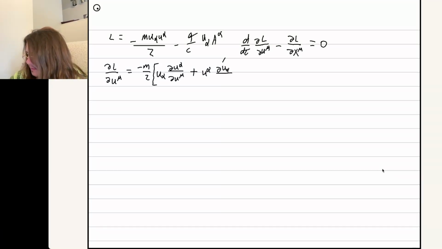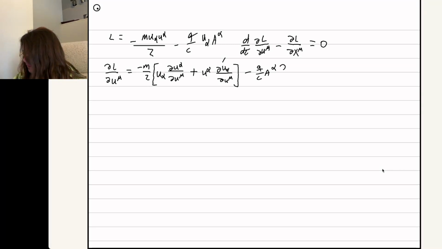And then this is going to be minus q over c. The 4-vector field A^α doesn't really have a u component, so we're just going to treat that as constant in u, and then take the derivative of u_α with respect to u^μ.